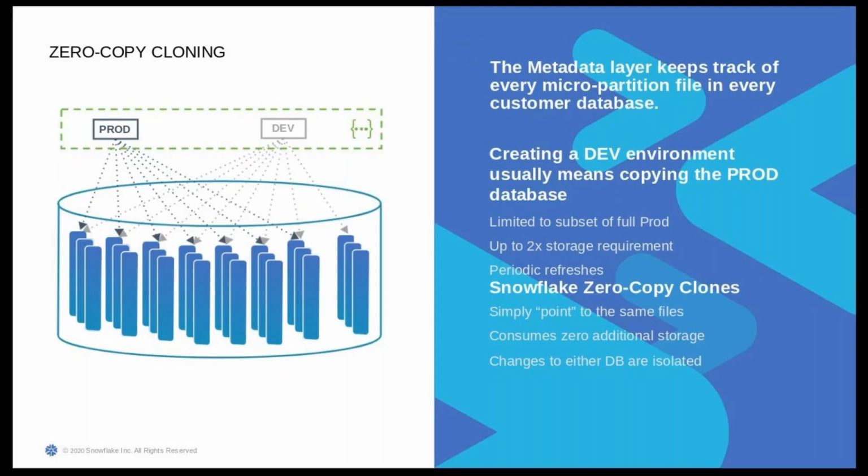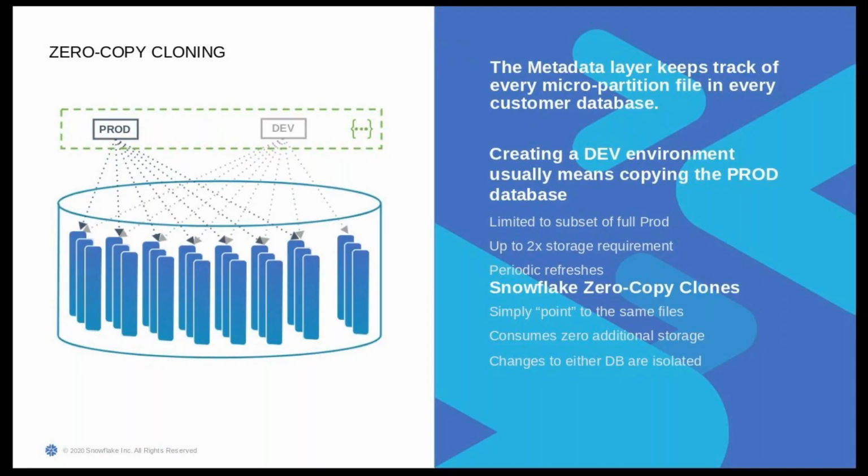If you insert some data, it creates one more partition which is specific to the clone. This is completely a metadata action. The cloning part of it works on the metadata layer basically.